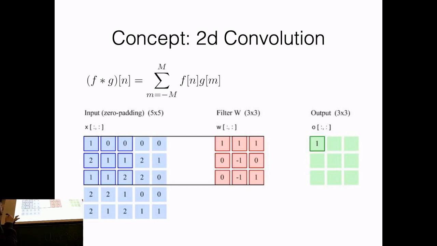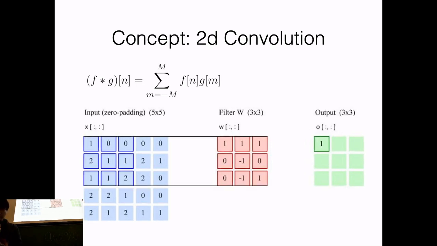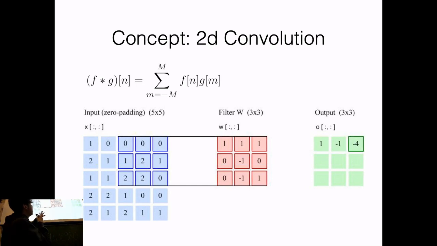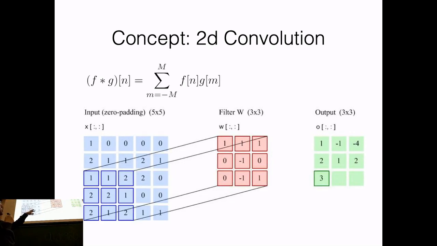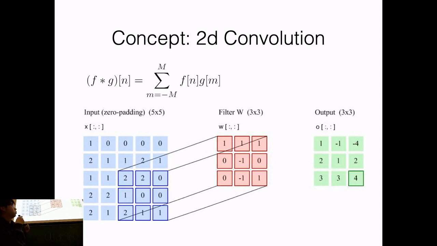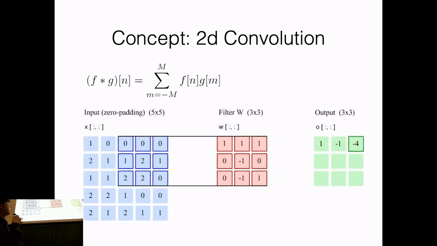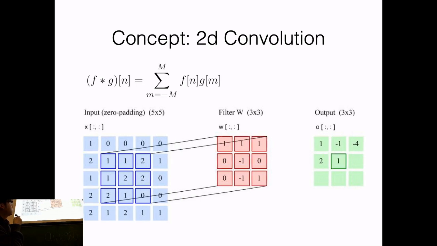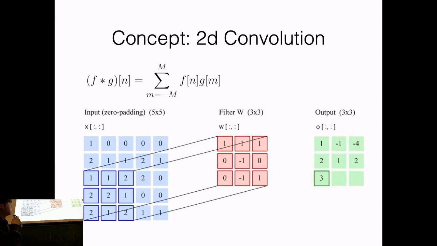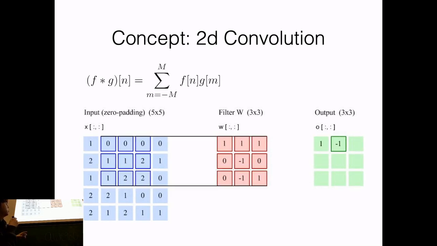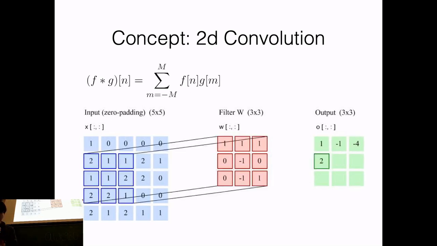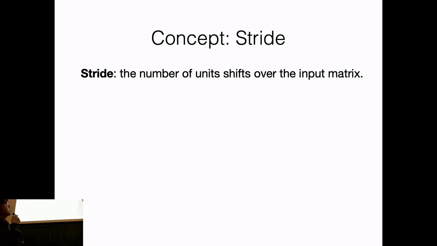So the input vector f would be a two-dimension matrix, and the filter also would be a matrix. So the output hidden vector also would be a matrix. So the thing you do is just change the dimension from 1D to 2D, and the other things just follow the 1D definition. So the next concept is the stride.